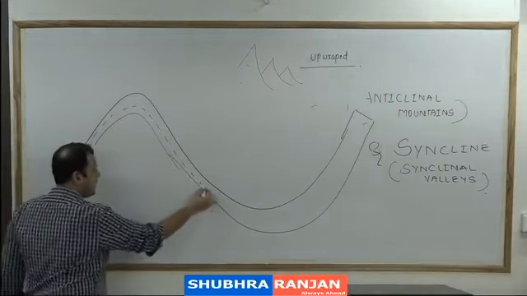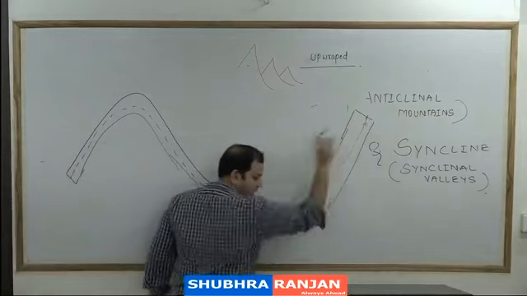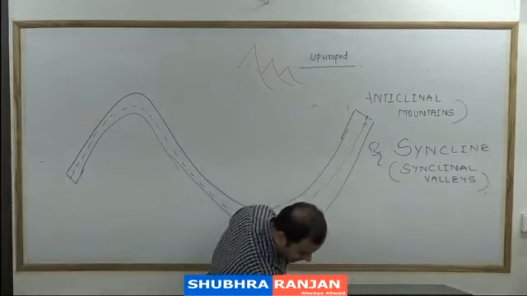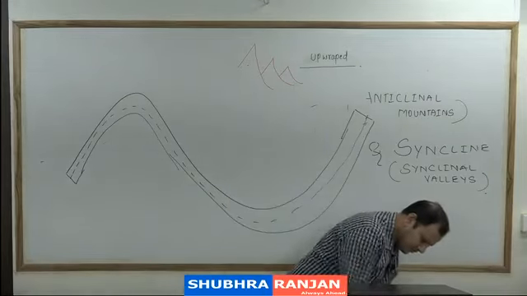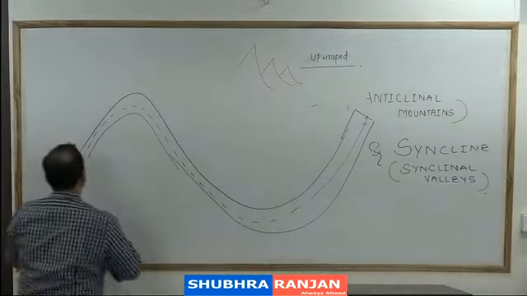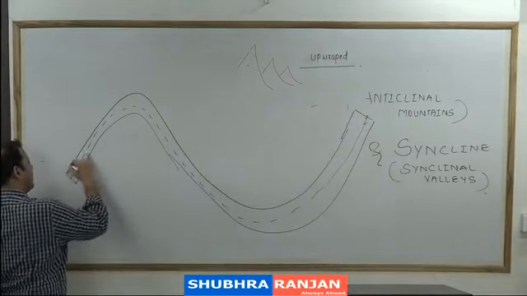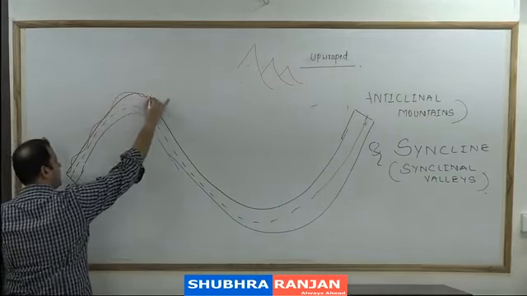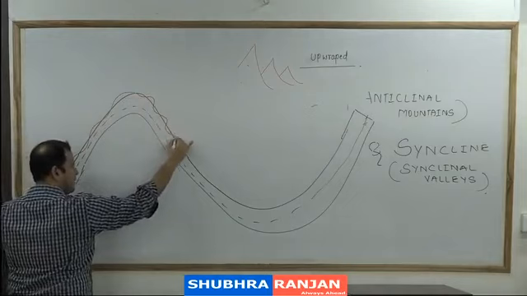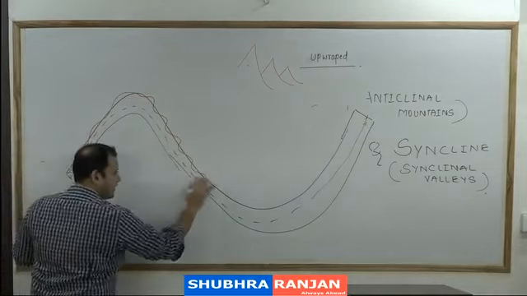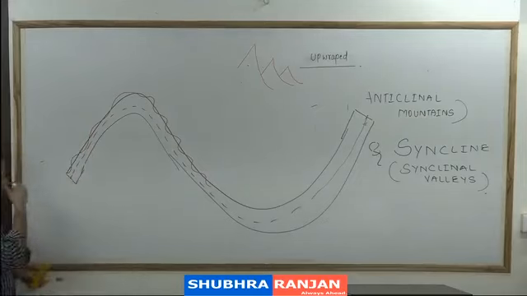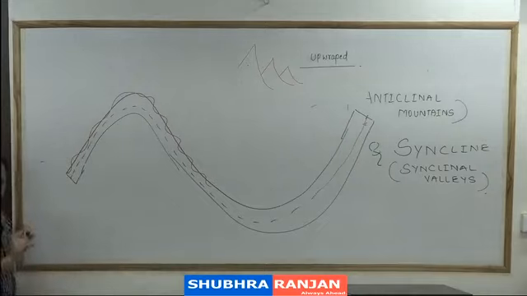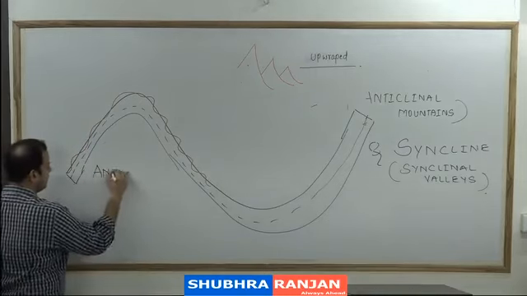Sometimes on a single anticline there are series of anticline and syncline. जब भी आप trekking पे जाओगे mountains पे, you will see there is up and down. So this kind of a process in which on a single anticline there are more than one anticline and syncline, it is known as anticlinorium.